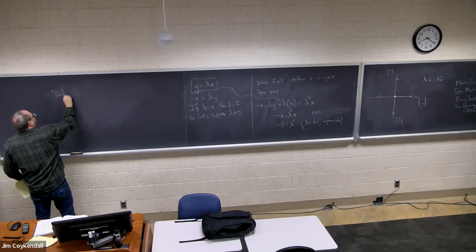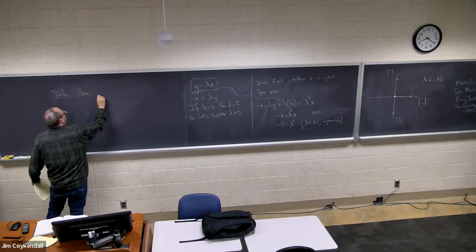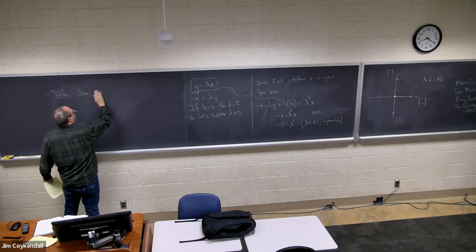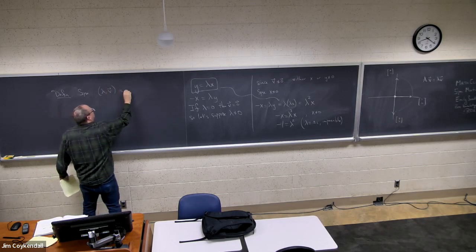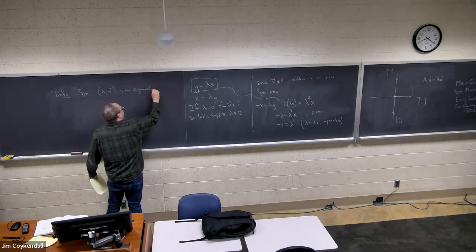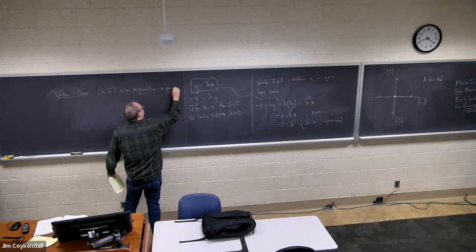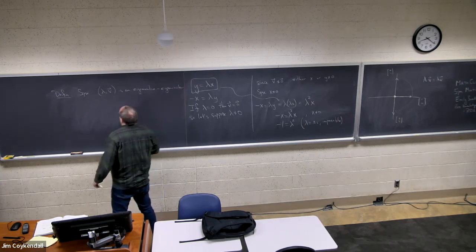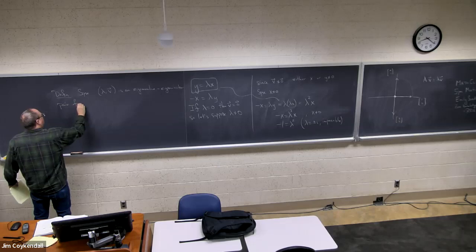Suppose that (lambda, v) is an eigenvalue, eigenvector pair.